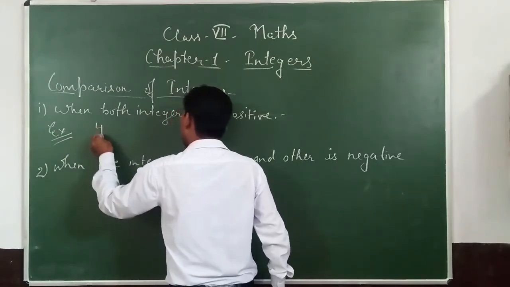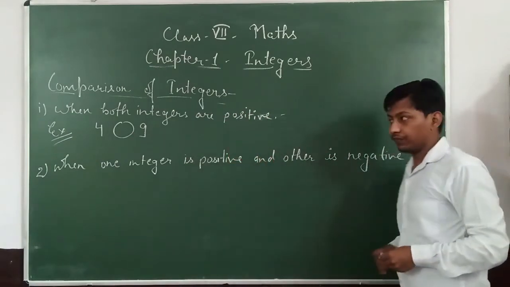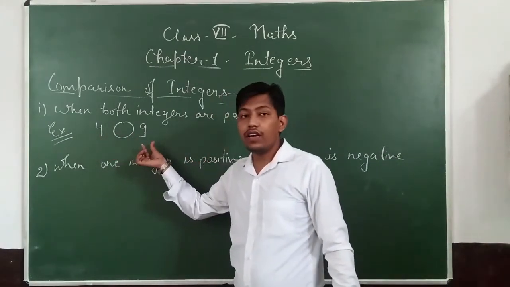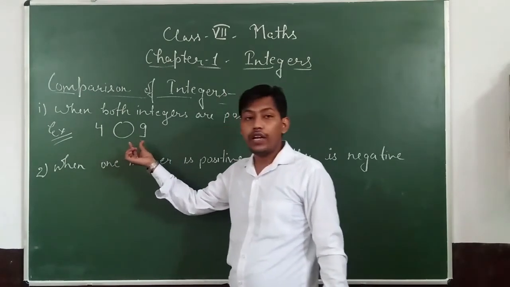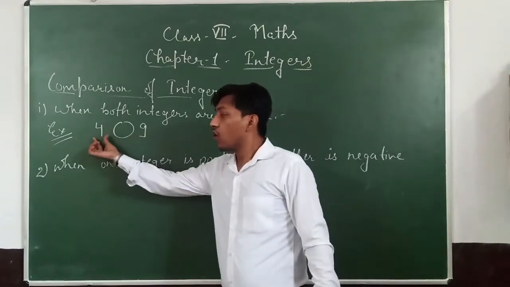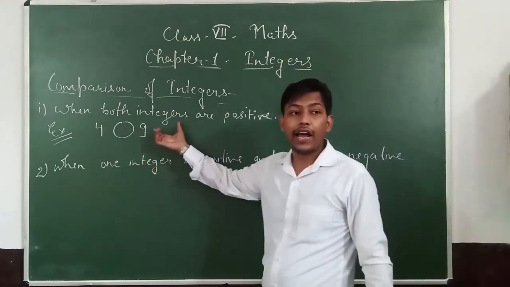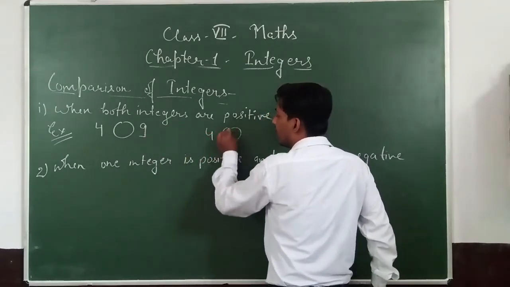Compare 4 and 9. Which one is greater? As we know that both are positive integers, we will compare according to their counting number. 4 comes before 9 and 9 is larger, so integer 4 is lesser than 9.